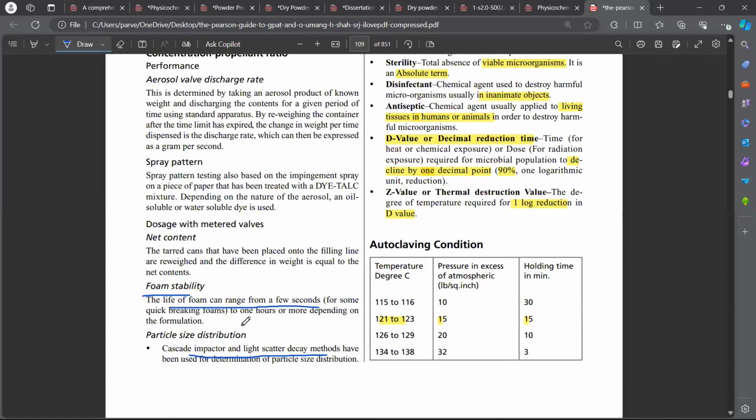It can range from a few seconds to 1 hour, depending upon the type of formulation.